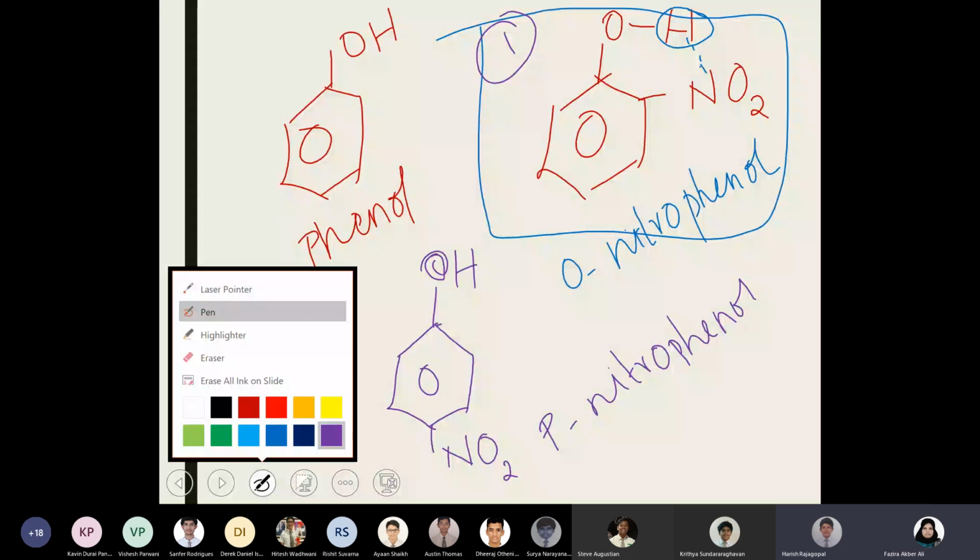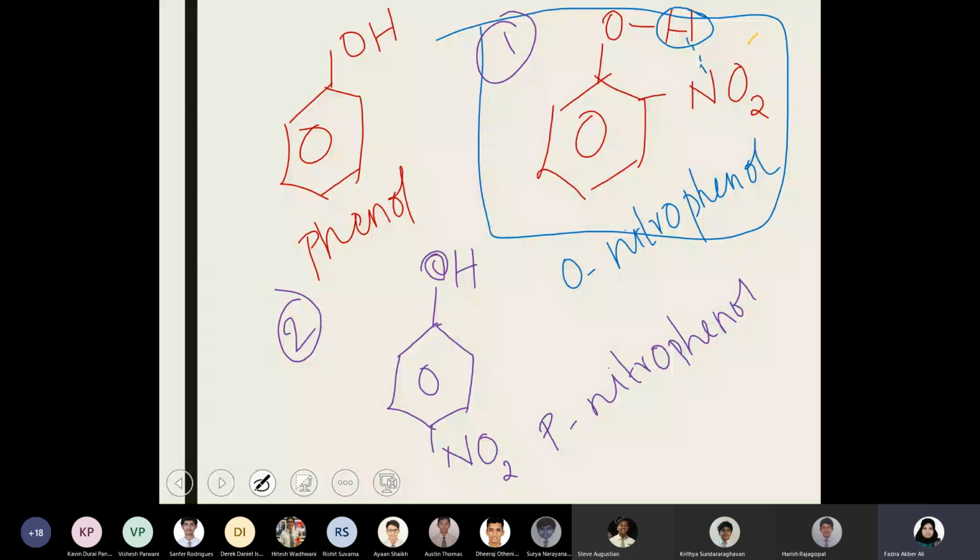Very good. That means, as we discussed, both are similar molecules. They are identical. But here it was intramolecular hydrogen bonding, and here what is possible is intermolecular hydrogen bonding. The difference is that in the first example, orthonitrophenol, OH and NO2 are adjacent. So within the molecule, hydrogen bonding is possible.